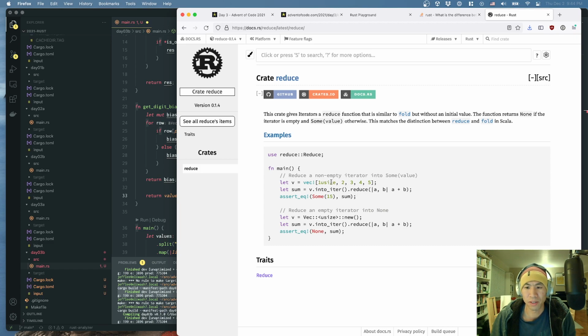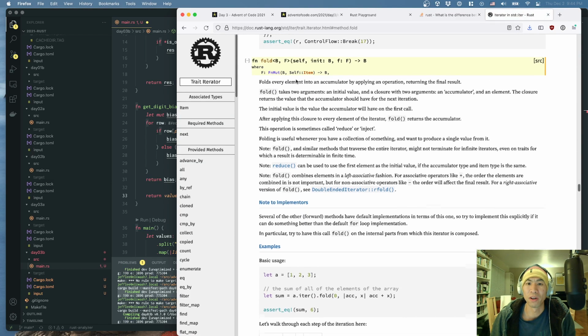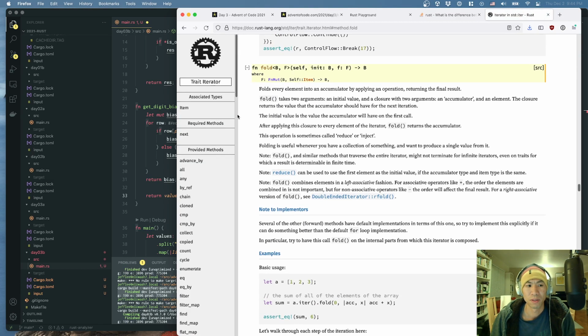Usually reduce has an initial value that you pass in. Maybe it's fold without, oh, okay, it is fold.